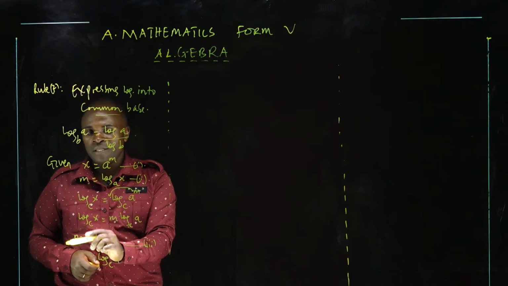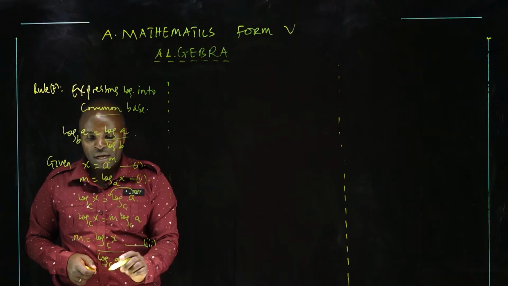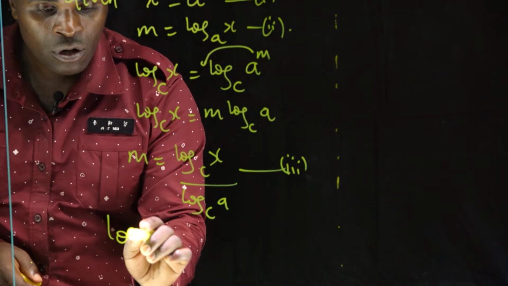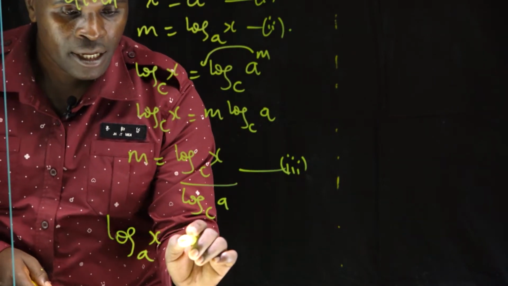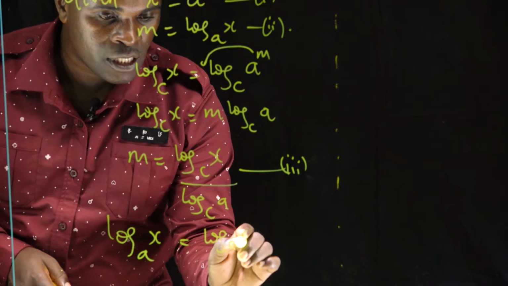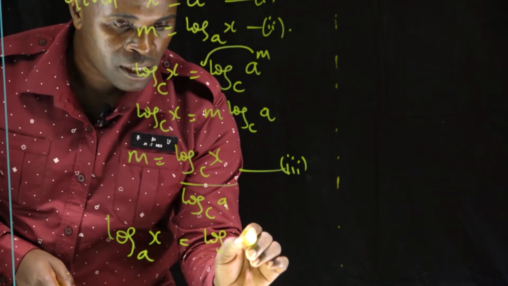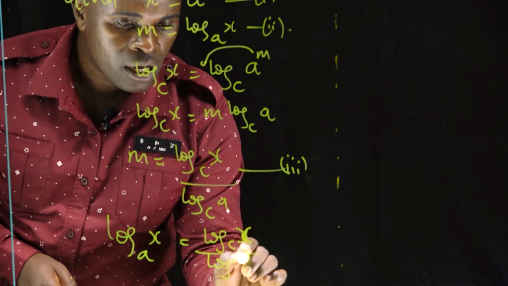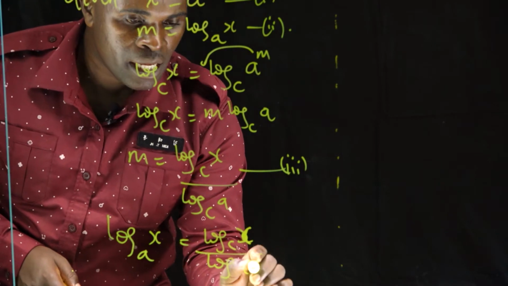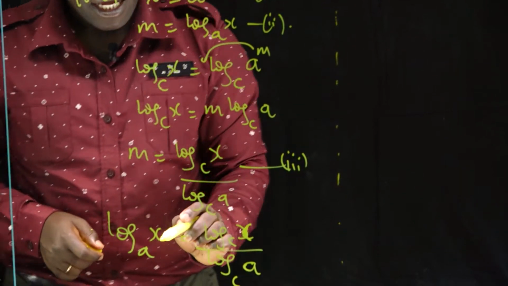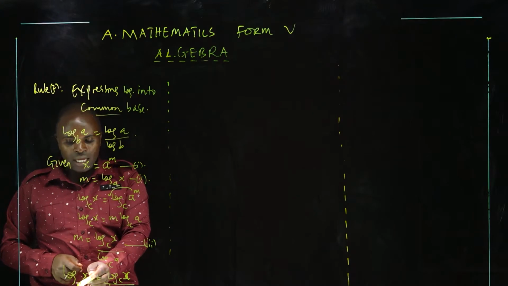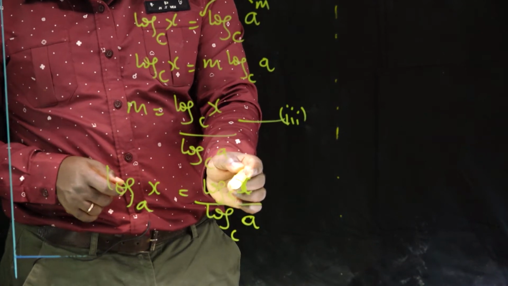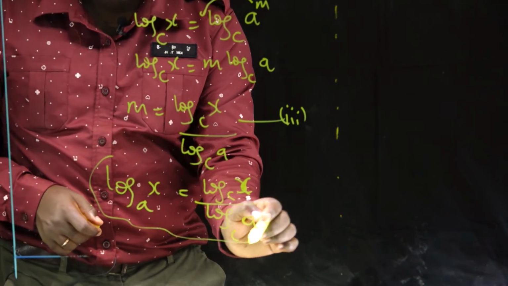So I replace m by logarithm of x base a, and we now have log of x base a equals log of x base c over log of a base c. Our a has appeared as a log, but our base is now c. Now we can be working with this rule.